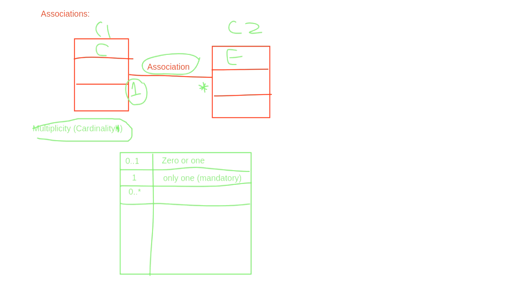So 0..star means that, and there is another way to write this. You can also write it as simply star, that's all. Or there is one more way to write this, as infinity.